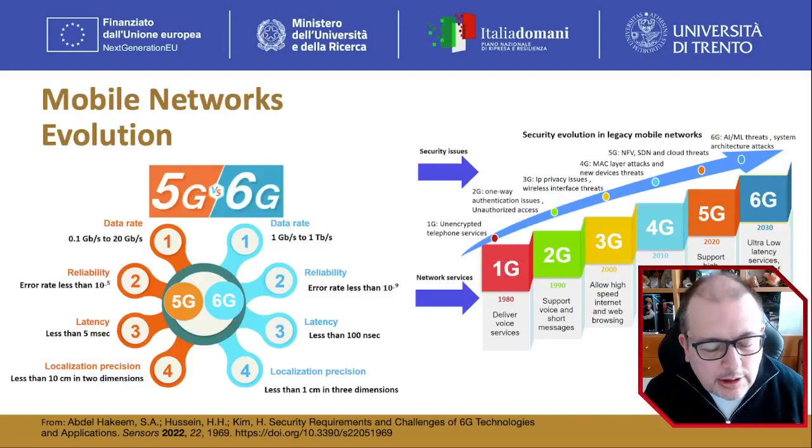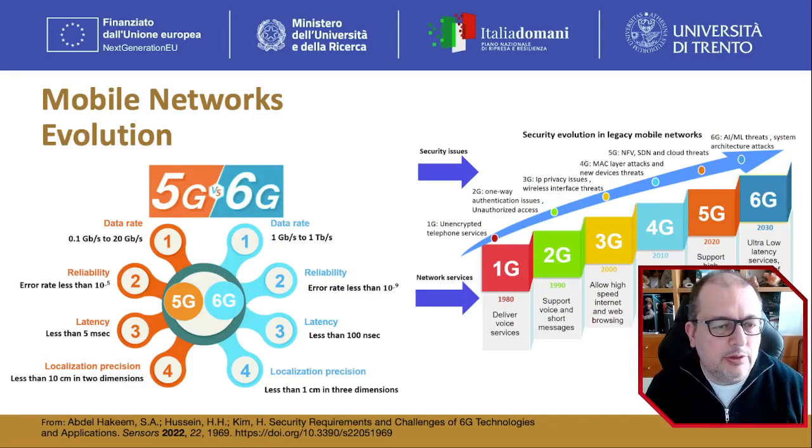First of all, let's look at the perspective. We put the network digital twin in the perspective of the evolution of the mobile networks from 5G to 6G, since we believe that that is a proper environment, as I will explain later, for the implementation of digital twins. 6G is expected to improve on 5G, not only in performance in terms of data rate, reliability, latency, and so on, but also in the functionalities.